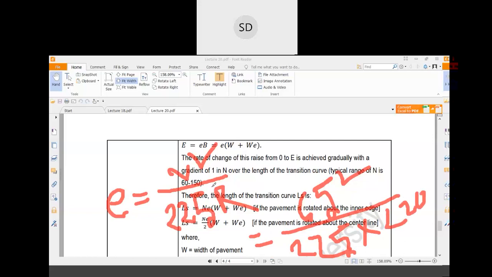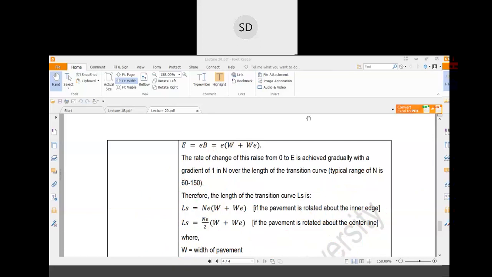Okay. So using this equation, you will get a value of E as 0.08. Now the thing is your rate of super elevation should not be more than 0.07. So in such cases, you have to go for the second step.